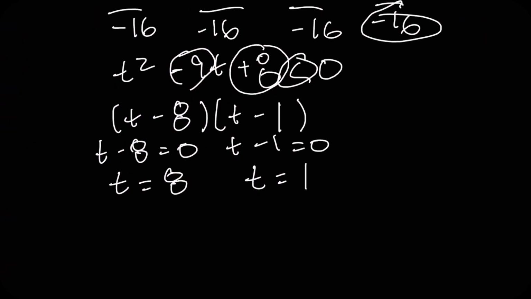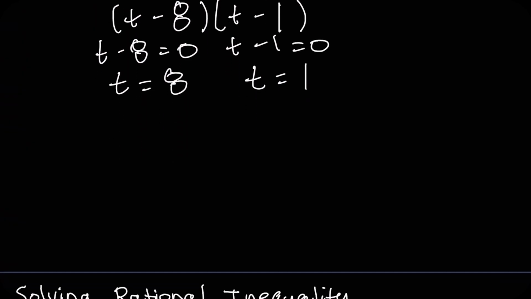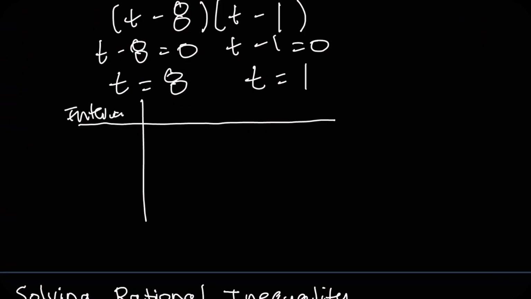So let's see if we can go ahead and try some intervals here and some values here to see which one we should use. Should we use 8 to 1? Should we use negative infinity to 1? Or should we use 8 to positive infinity? So our intervals, we have negative infinity to 1, and we have 1 to 8.